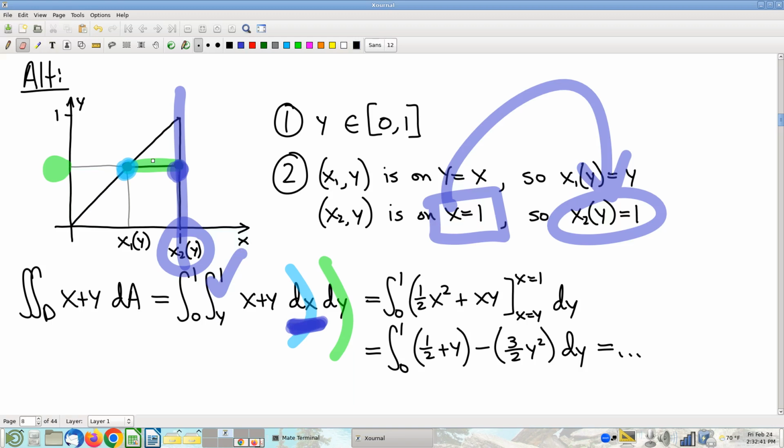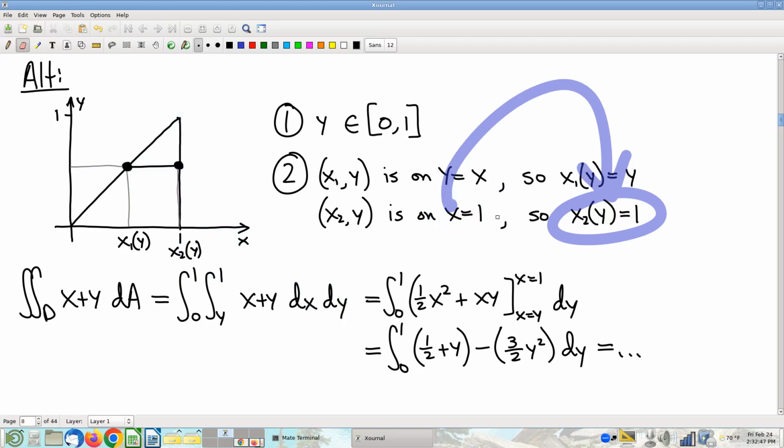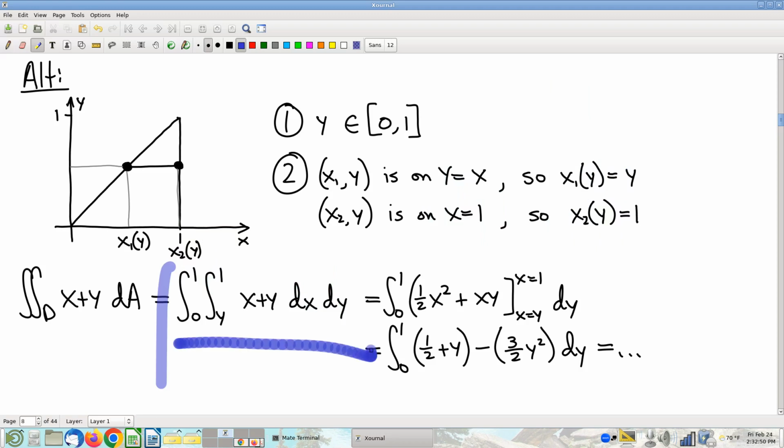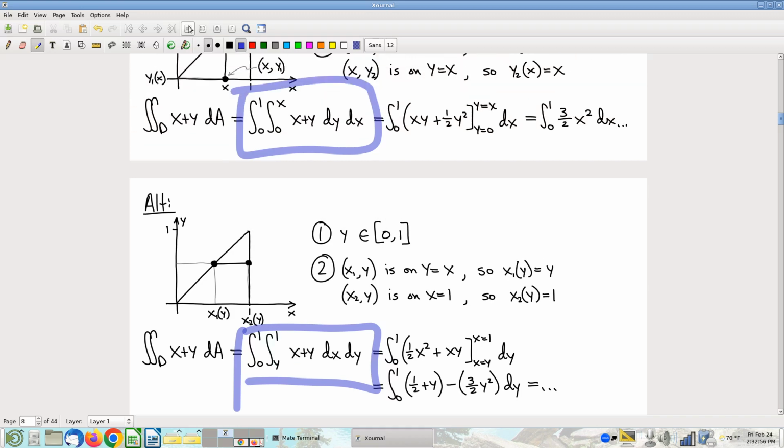Do notice, however, that we don't... Oh, come on, my eraser button. Here we go. Okay. My answer that I got from doing dx dy compared to the answer that I got doing dy dx, take a look at the bounds. Notice this didn't work out. Right?